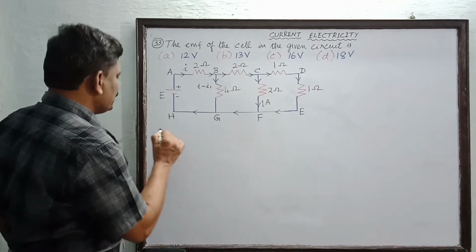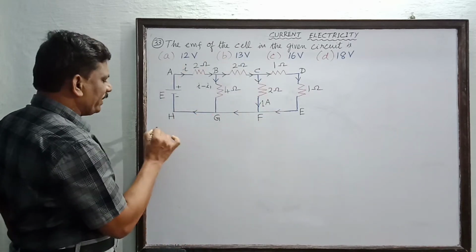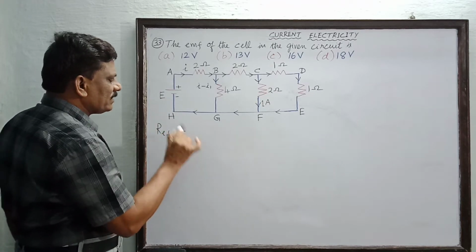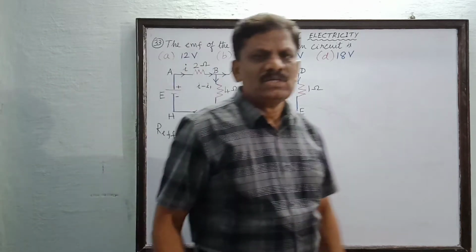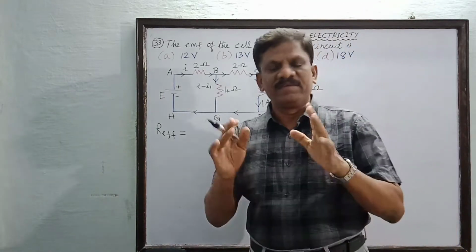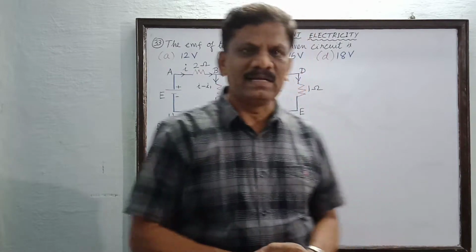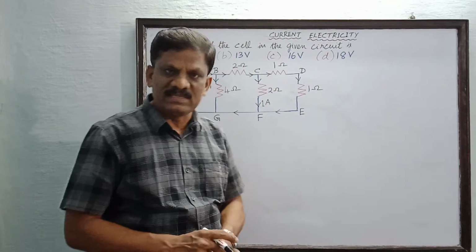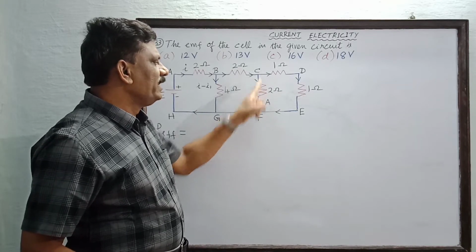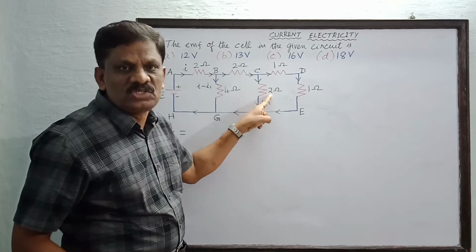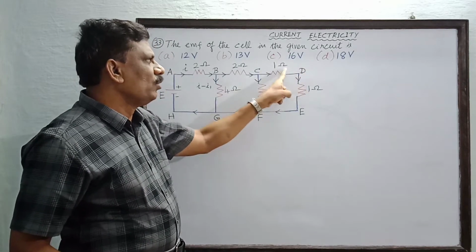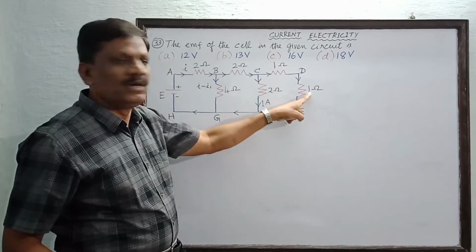For that, first I will find out the total effective resistance of the circuit. We have done already 32 problems based on Kirchhoff's law and the effective resistance in series and parallel, so shortcuts you must be knowing by this time. Now you can see here between C and F the resistance is 2 ohm, and between C and D 1 ohm, D and E another 1 ohm.